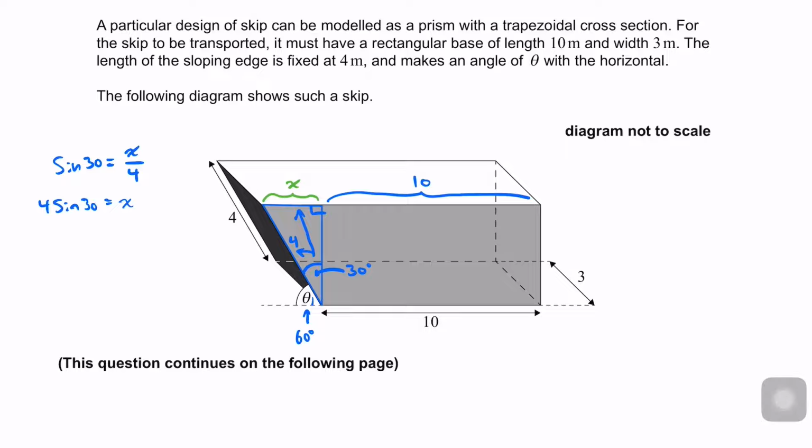Sine 30 is actually equal to a half, so this is just going to be equal to 2. So x is actually just equal to 2 in this case, which is kind of nice. Alright, so let's go ahead and complete this. So this value is equal to 2.